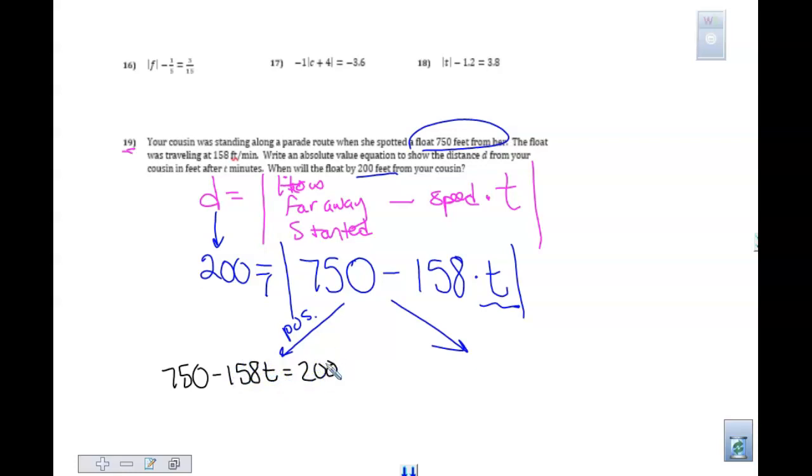I'm solving that like normal, subtracting 750 from both sides. This was my negative case: 750 minus 158t equals, this time, negative 200. In each case, I start out by subtracting 750.